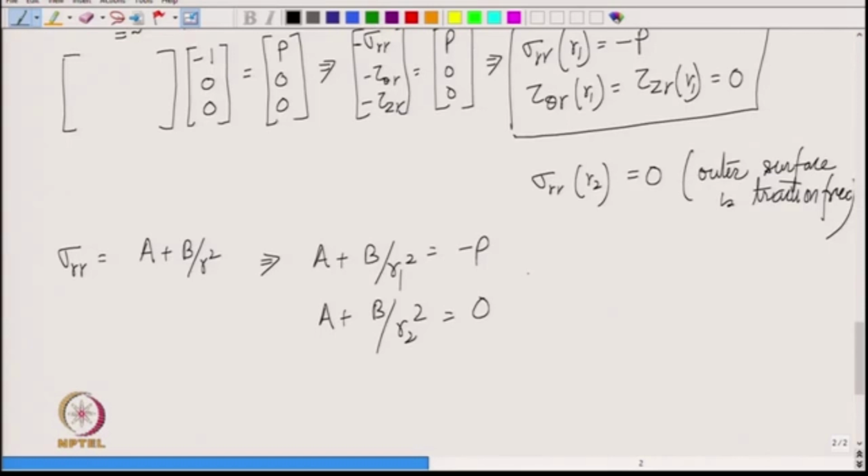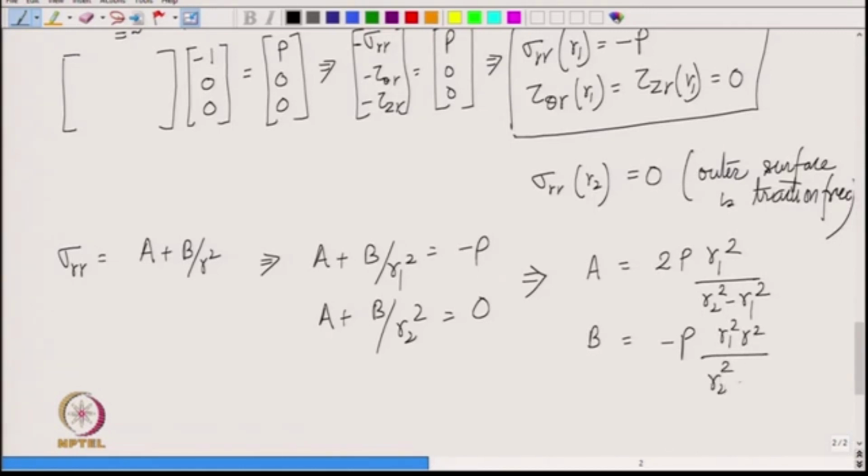When we solve these two, we get that A is equal to 2 times p into r 1 square over r 2 square minus r 1 square, and B would be equal to minus p into r 1 square r 2 square divided by r 2 square minus r 1 square.